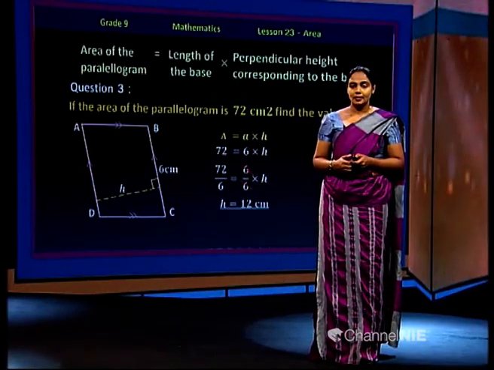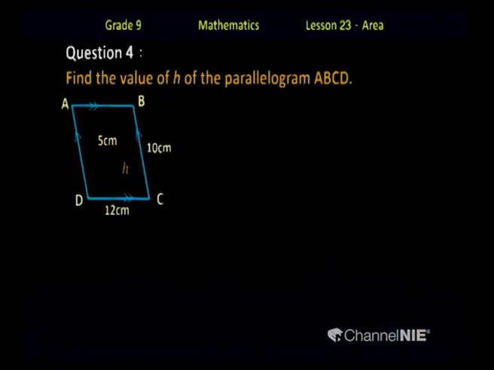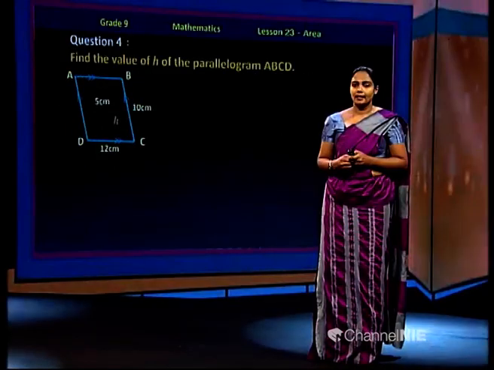Now let's go to the next question. It is question number 4. First of all, read the question and you should find the method of how you can get the answer. Find the value of h of the parallelogram ABCD. But here area is not given, but in the previous question you had the area of the parallelogram.